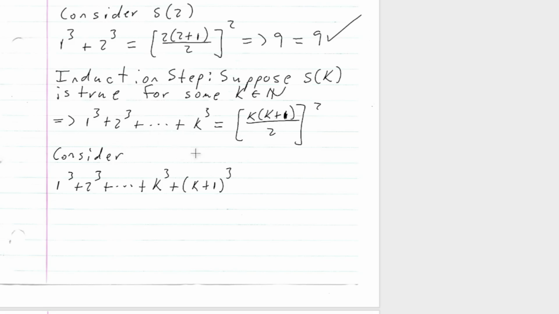So we know this piece right here is equal to this formula because we assumed it. So this is equal to k times k plus 1 over 2 squared, and then, of course, plus the k plus 1 cubed.